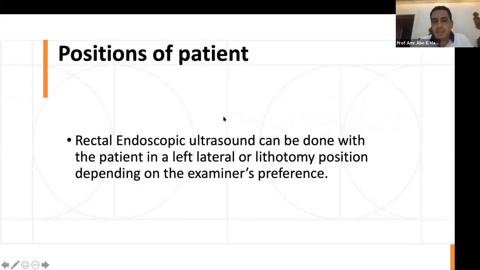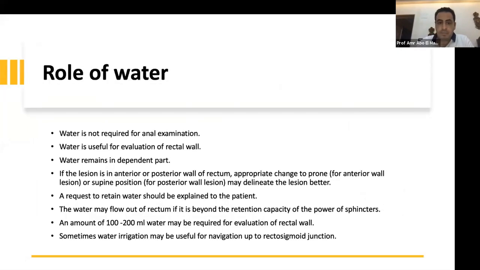How to do rectal EUS? First, position of the patient. As Dr. Ahmed Murad said, rectal endoscopic ultrasound can be done with the patient in the left lateral or lithotomy position. It depends on examiner preference. Dr. Ahmed Murad spoke about the role of water, but we do not require water in anal examination, though we have to use it in evaluation of the rectal wall.